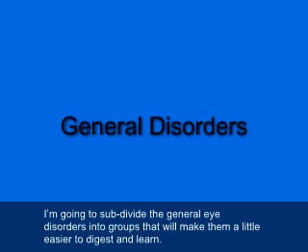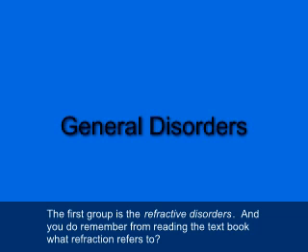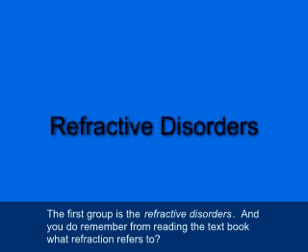Okay, well, now that we've covered those three specialties, we're going to go ahead and talk about the general disorders. And I'm going to subdivide the general eye disorders into groups that will make them a little easier to digest and learn. The first group are the refractive disorders.